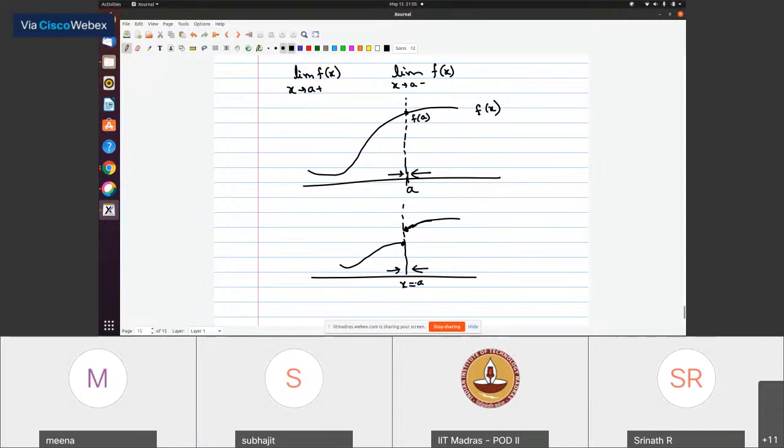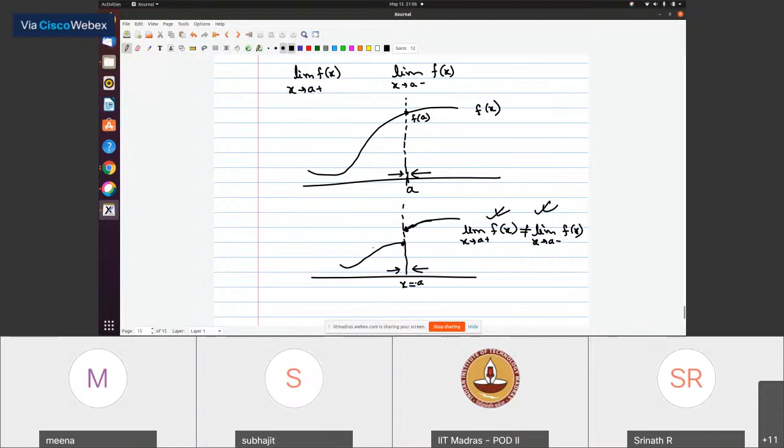So the limiting point does not match in this case, right? So limit as x extends to a plus of f x is not the same as limit as x extends to a minus of f x. This is the right hand limit, this is the left hand limit, and these two are not equal. So we cannot say that the limit at x equal to a exists. There is some discontinuity at that point.